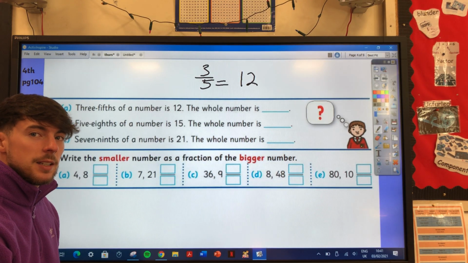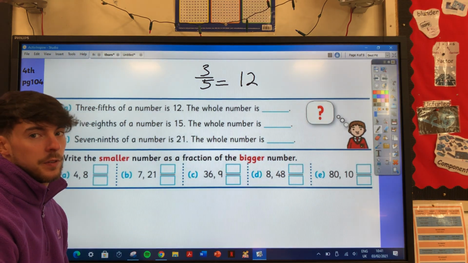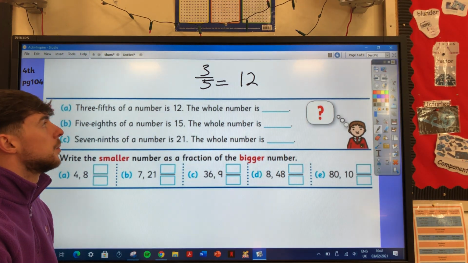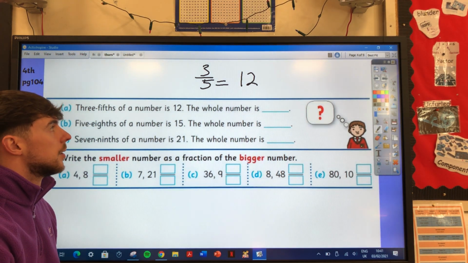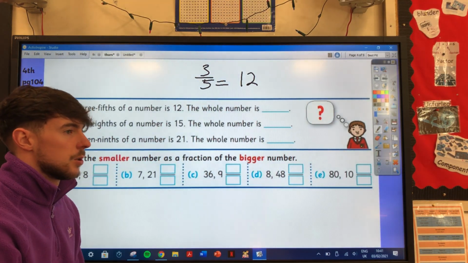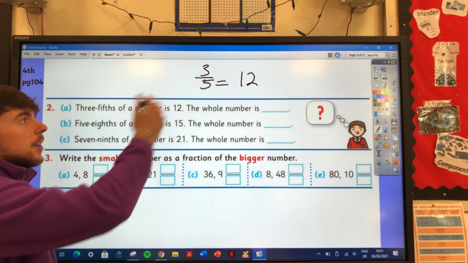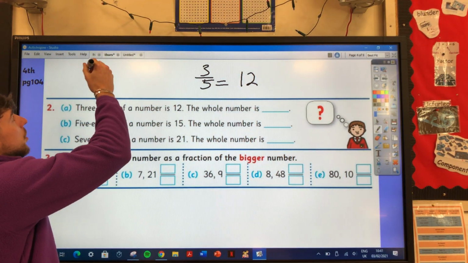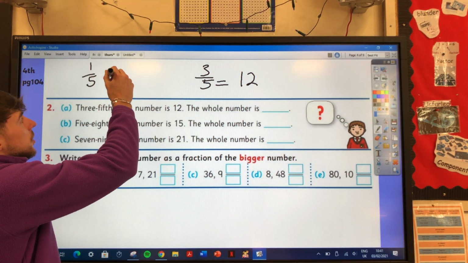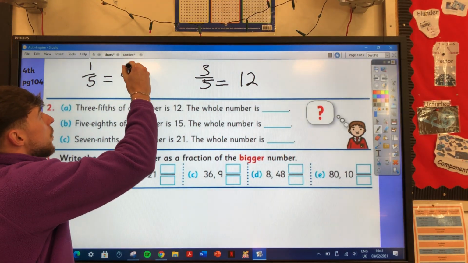So what would be the easiest thing to do? The easiest thing is to find 1/5 first. So how do we find 1/5? We know 3/5 is 12. So if we want to go back to 1/5, we divide by 3. So 3 into 12 goes how many times? 4.